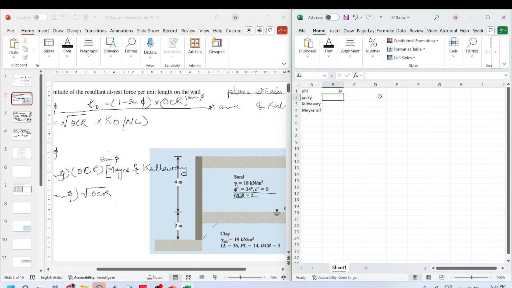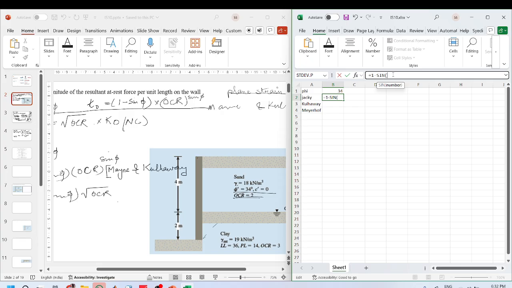So this was 1 minus, actually, in Excel you usually have to give the angle in radians.